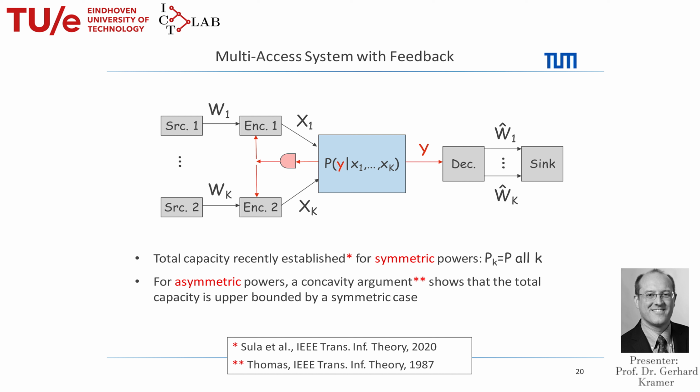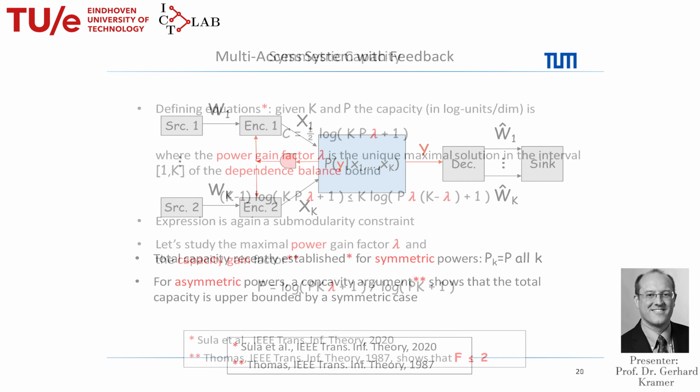But in any case, I know he's going to MIT. And for asymmetric powers, even though we don't have a solution there yet, there's an argument given by Joy Thomas of the Cover-Thomas textbook to show that the symmetric case gives you bounds for the asymmetric case. So I mentioned that here too. It's a classic paper from 1987.